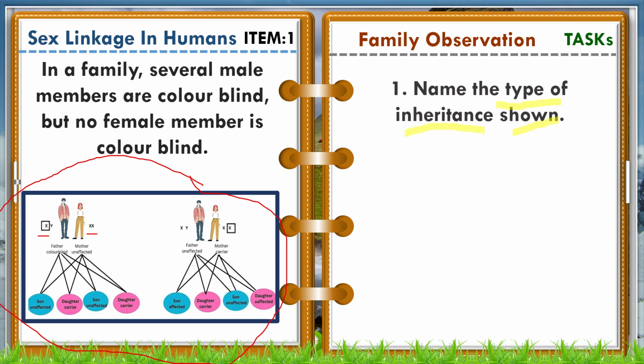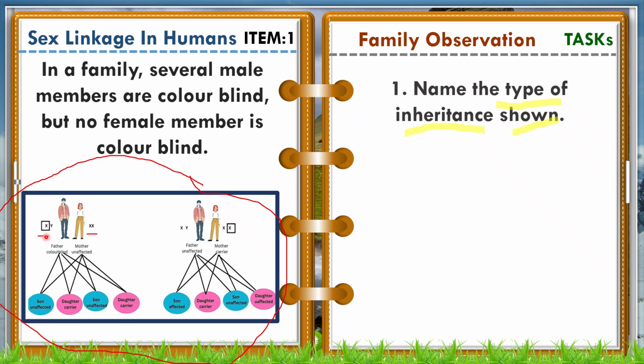So this X from the father is always given to the daughters. So all the daughters, when they get that X, are going to become carriers. They will carry the gene of color blindness.